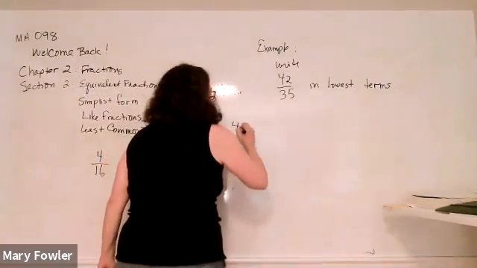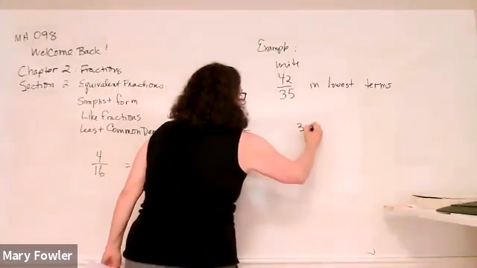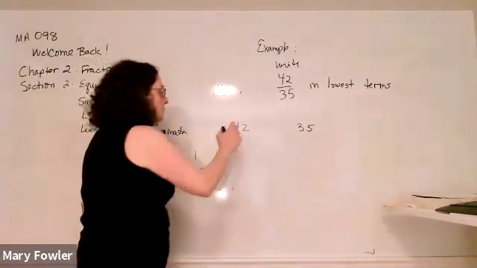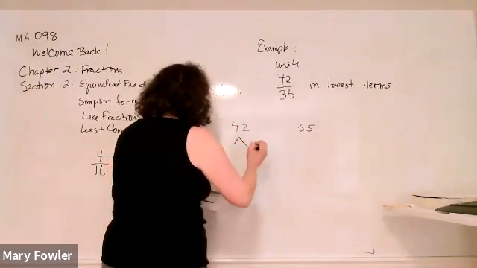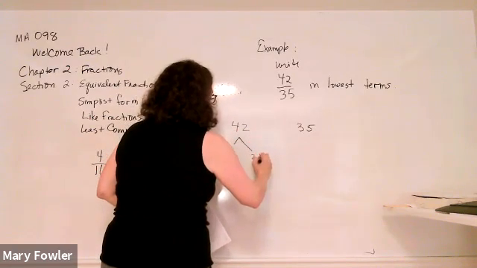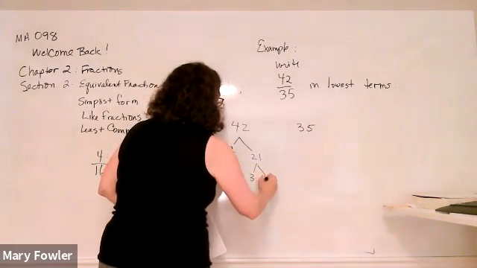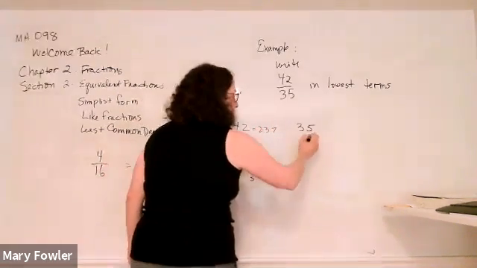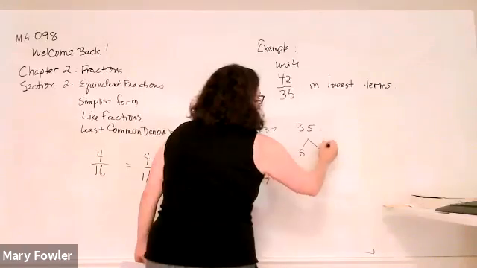You don't always have to go through this process, but if you're not sure what to do, you can always jump in. All right, so let's factor this. We can write 42 as 2 times 21 and 3 times 7. So that's 2 times 3 times 7, and 35 as 5 times 7.